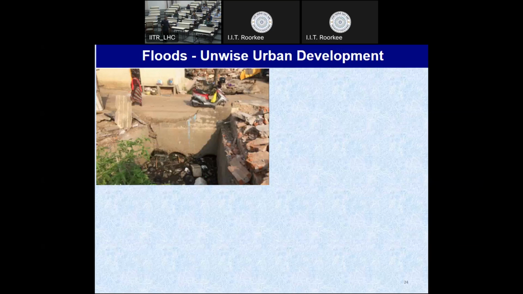This culvert is expected to move water, but when there are floods, it will not be able to transport water because it is completely choked. So in addition to unwise development, our management is also very poor. Most of the city drains are choked because people just dump waste on those drains, and those drains are not able to function properly. They are not able to transport water.